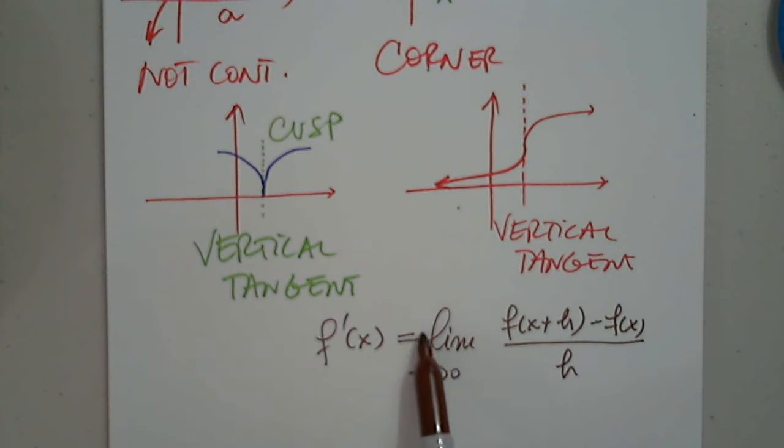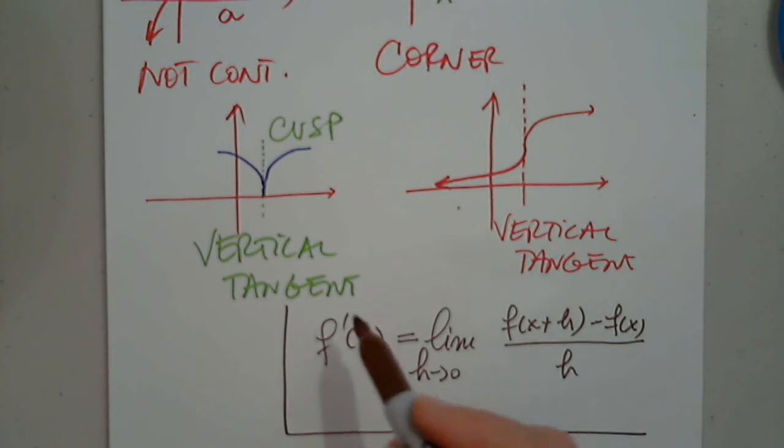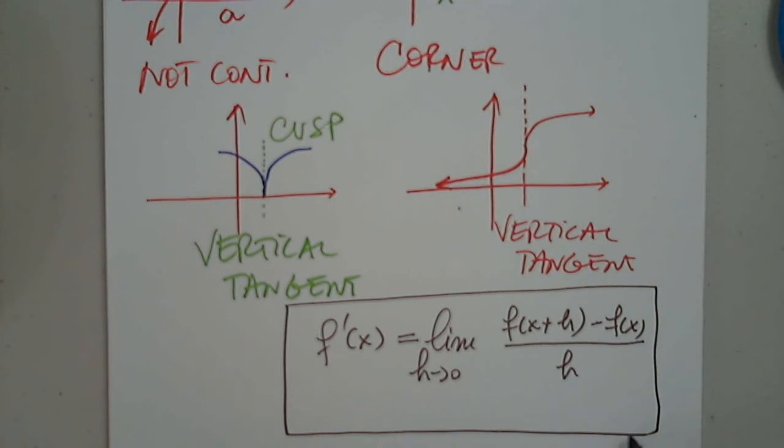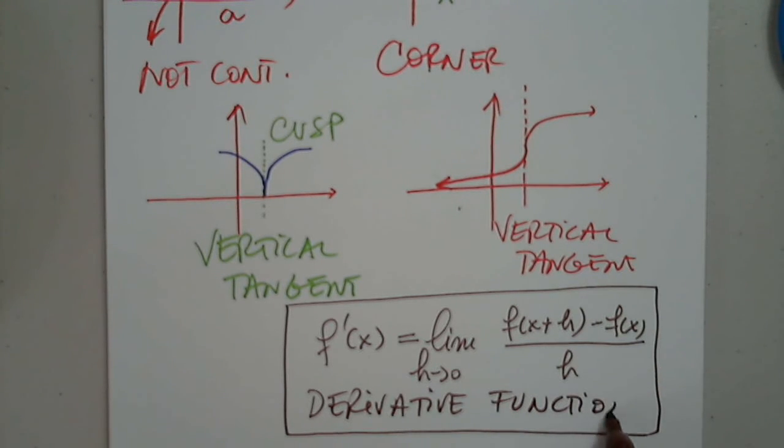That's why we talked about this. And now these two concepts together give us the first derivative, or the derivative function. Whenever this function exists, it will give us the instantaneous rate of change of the function itself.